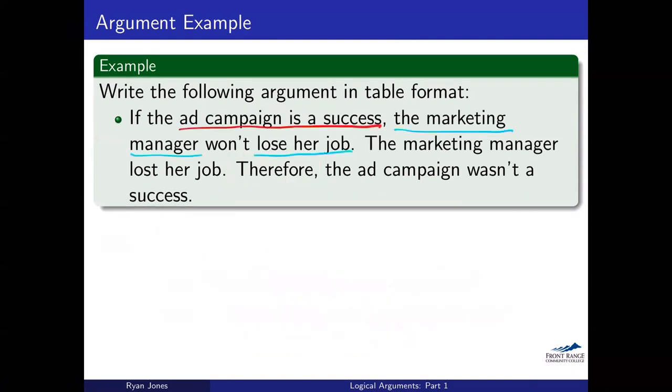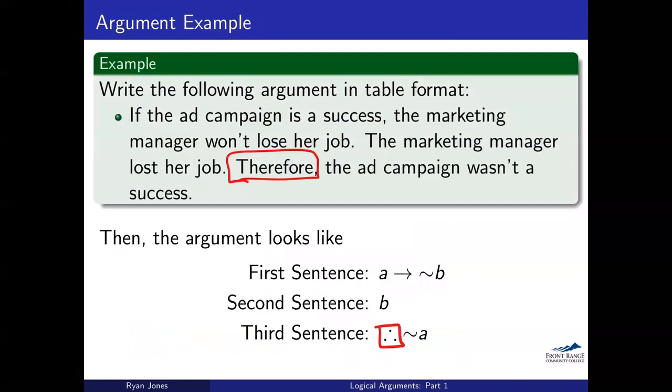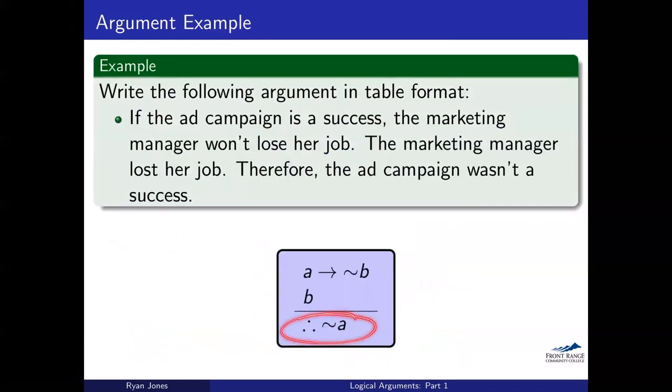And remember, back in this table format, we put the conclusion down at the bottom underneath like a horizontal bar. So let me jump ahead. This third sentence, that's down at the bottom there underneath that bar. That's where we put that conclusion because we've determined that that therefore not A, that's our conclusion.